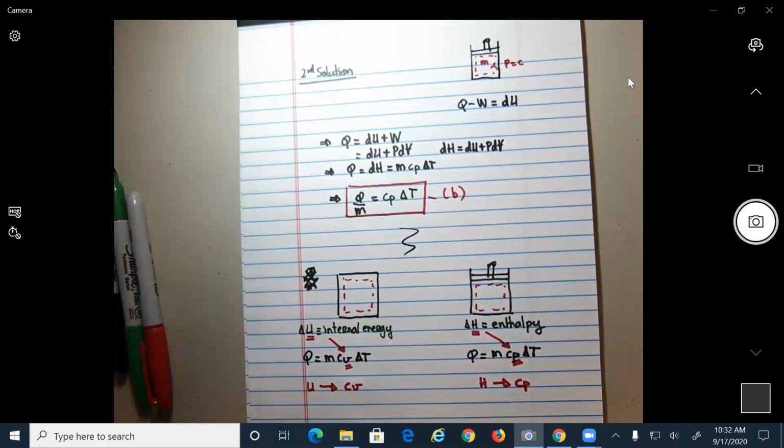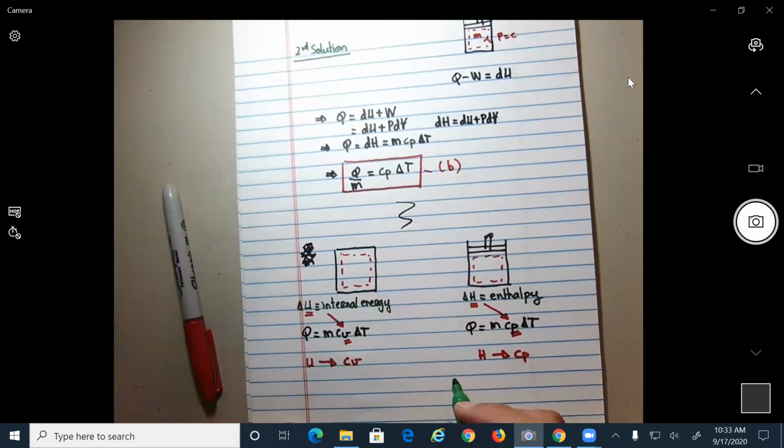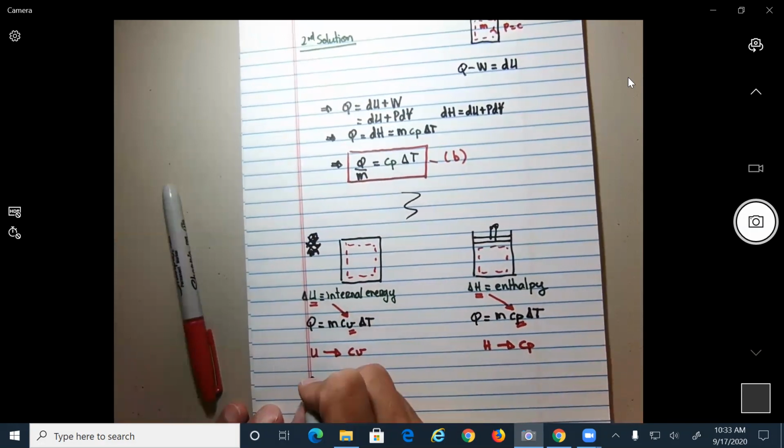But again, I go back to the other day's lecture. So basically here, this is very important as well. In this case here, we have delta U. This could be equal to what? Final internal energy minus initial internal energy, correct?